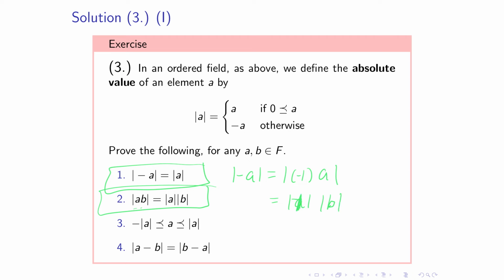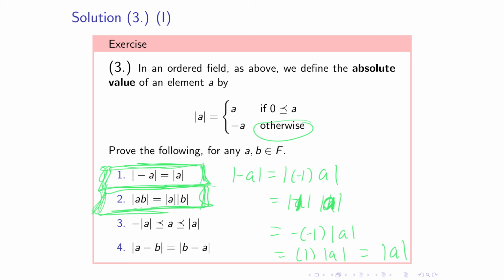Although this would be negative 1 and this would be a, so okay. But then the absolute value of negative 1 we know directly, because that is negative. So we're in this case, and so this turns into negative 1 times absolute a, and that's the same as 1 times absolute a, and that's the same as absolute a. So anyway, I've basically given the solution for 1 if we can find the proof for 2. So let's actually just start from the proof of 2.